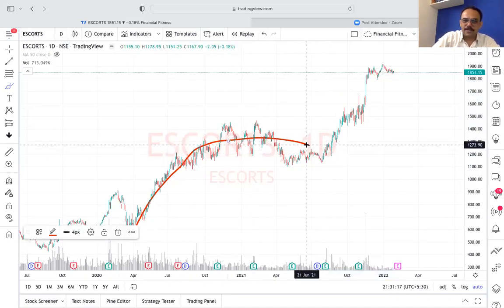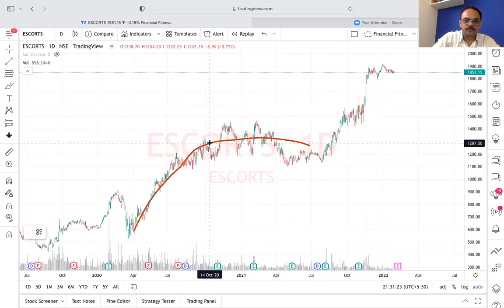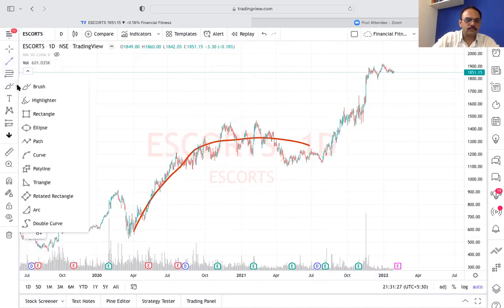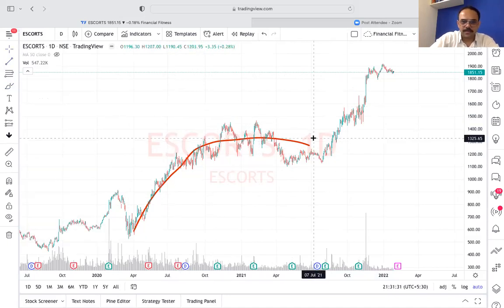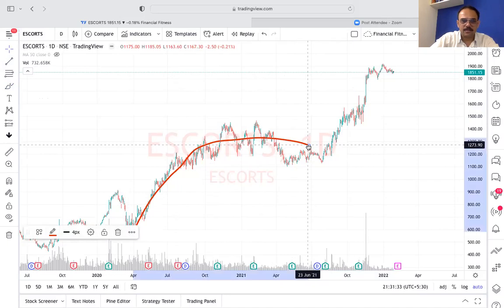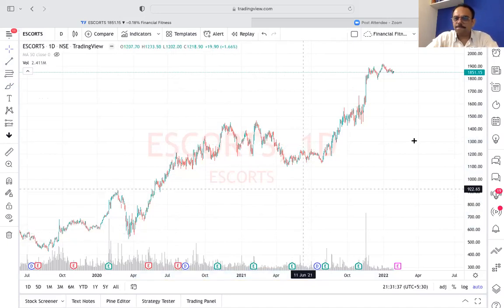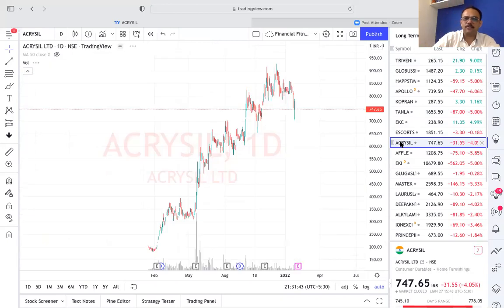Is this type of behavior, just hold on, this is a funny thing with the paintbrush in TradingView. Is this behavior similar or only limited to Escorts?